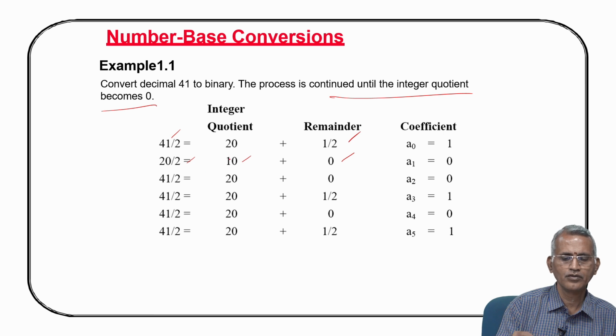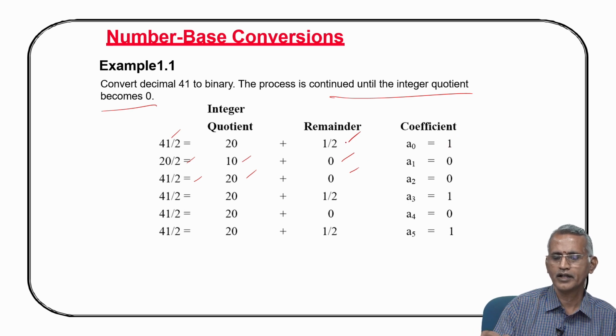So 41 by 2 gives 20, and then plus 0 like that. So this is what we have to do, with the corresponding coefficients 1, 0, 0 like that.